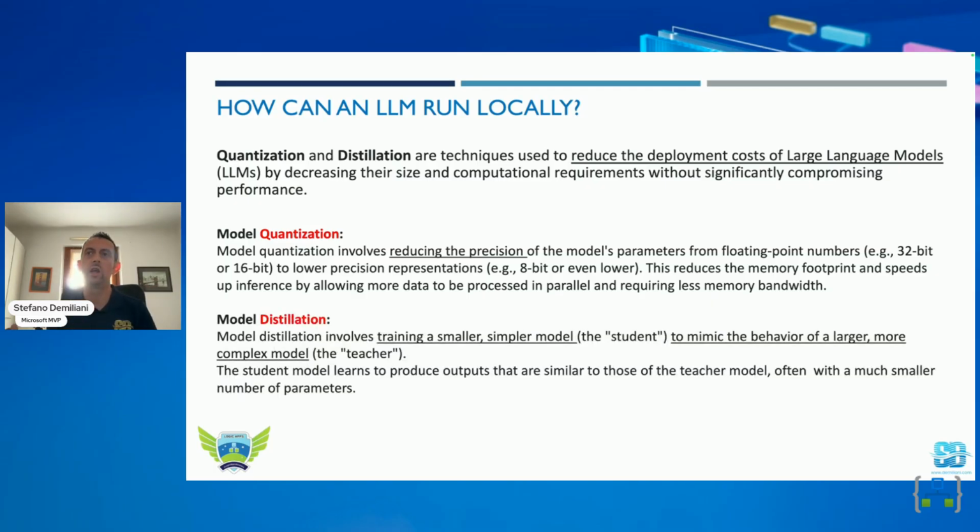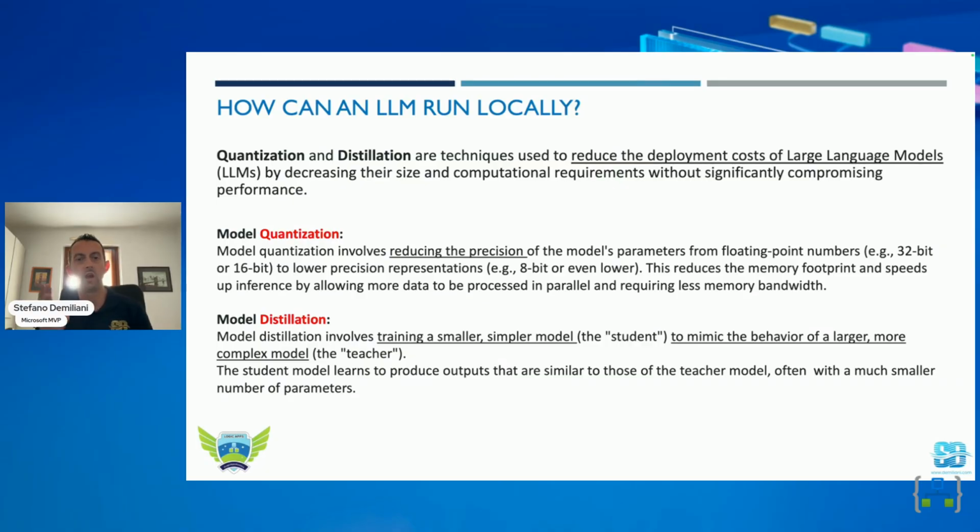Then there's distillation, the second process. I usually use this similarity: it's like training a smaller and simpler model, called the student, to mimic the behavior of a larger model. So the student can learn from the teacher and produce output similar to the teacher with much smaller parameters, so with far fewer hardware resources.